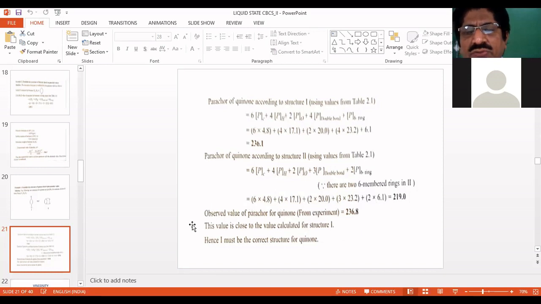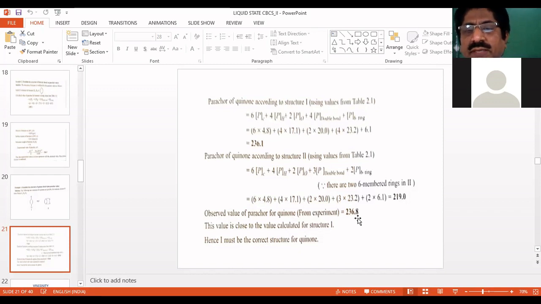Now, by using the experimental value, by using the formula as I have said in the first case, by determining the surface tension and by calculating the parachor, you can see that the value is 236.8. Now, is this value close to structure 1 or structure 2?